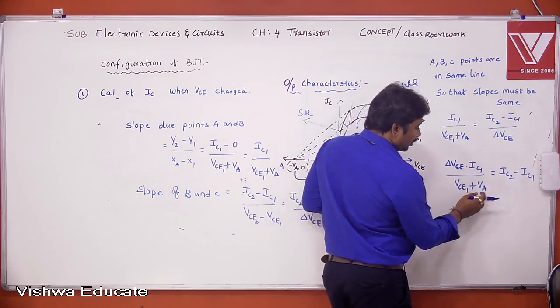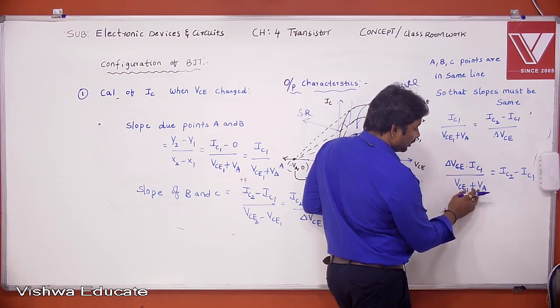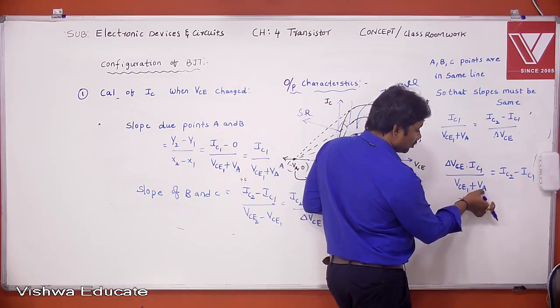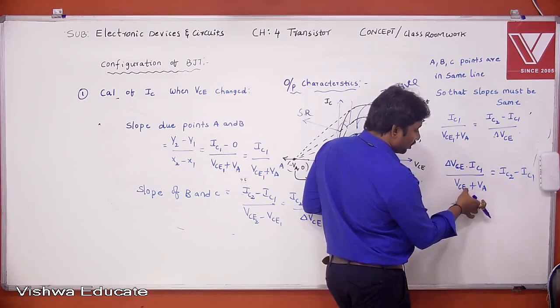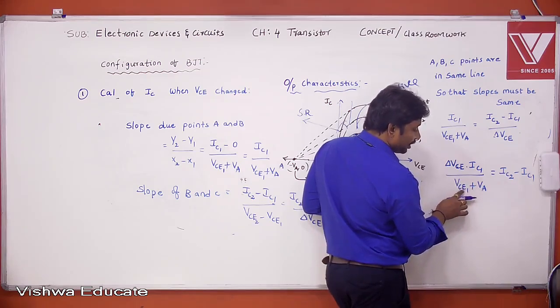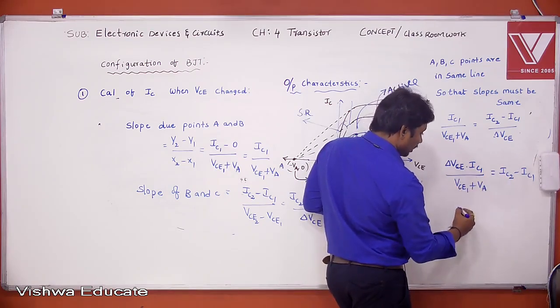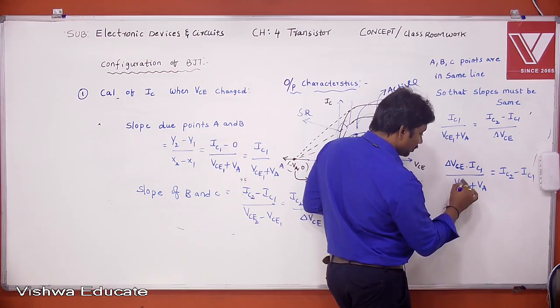Here, this early voltage is in the order of 50 to 100 volts, right? So VC is very small compared to VA, because this is in the order of 50 to 100 volts. So we can neglect this one.